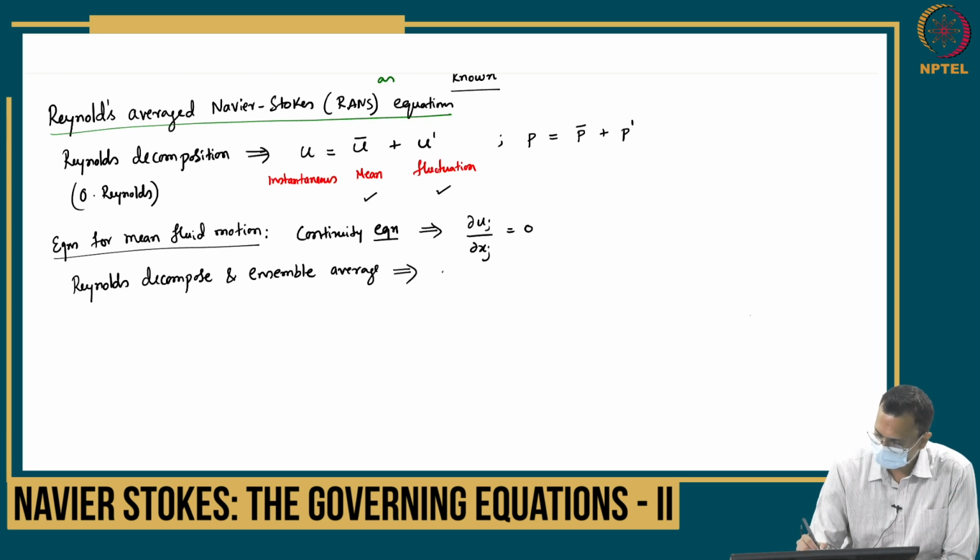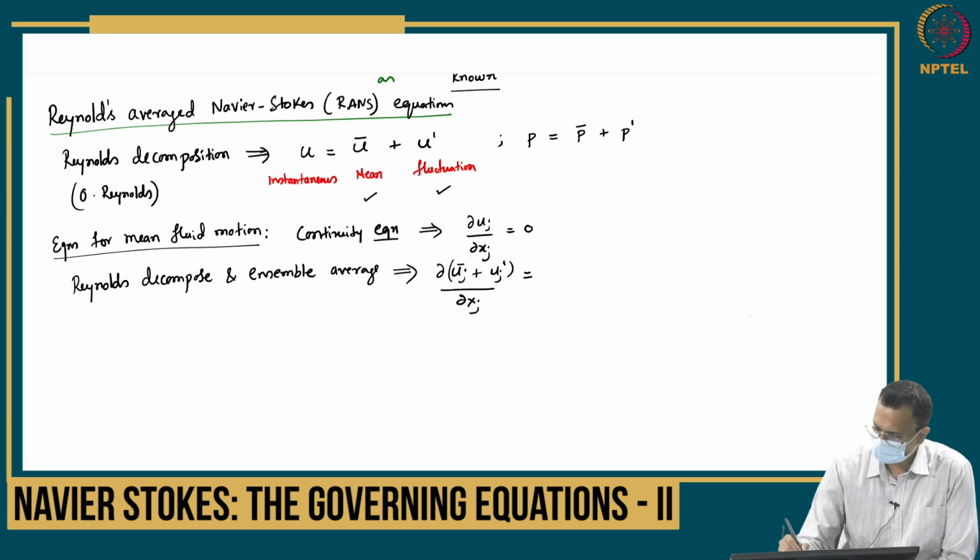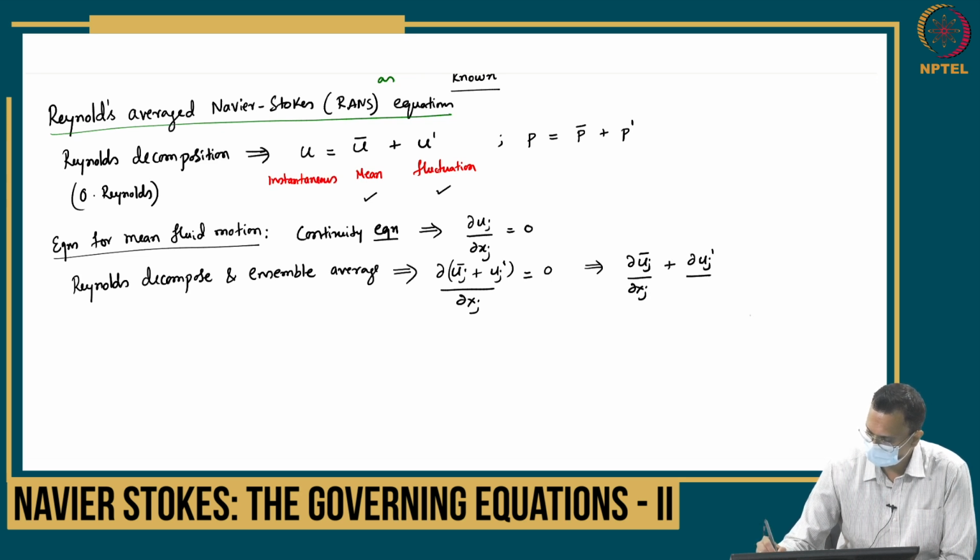This gives me dou uj bar plus uj prime by dou xj, which is equal to 0. So the operations, I can split this into two parts here. I also have to average it over, right. So I have dou uj bar by dou xj plus dou uj prime by dou xj equal to 0.